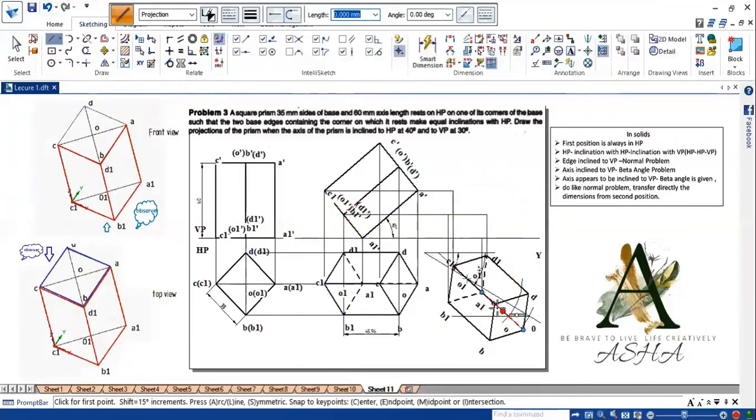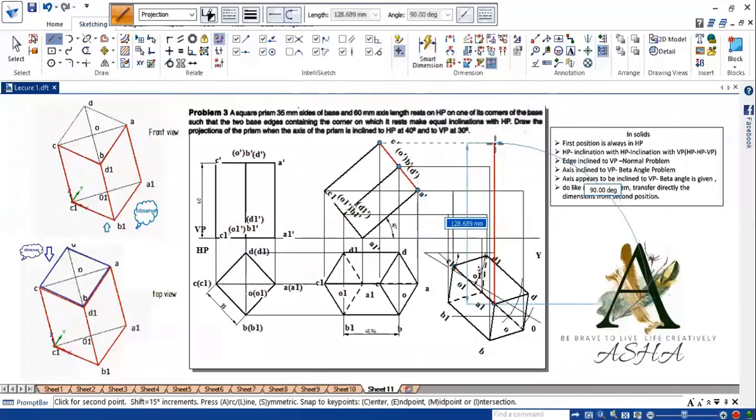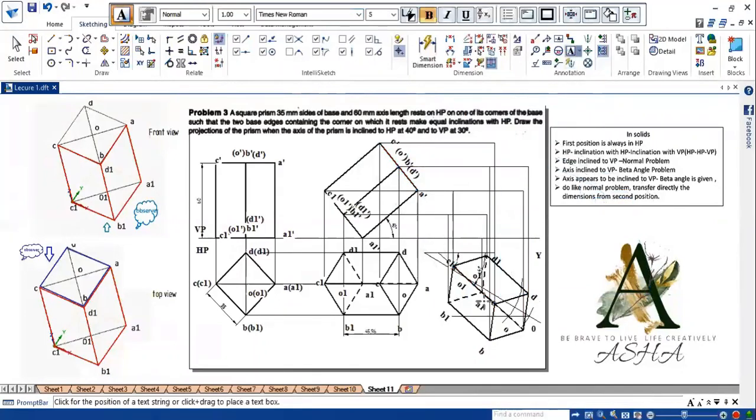Similarly, draw for A, B, C, D. So this is A. So this is A dash. So that is the point A. B, B dash. C, C dash. And D with D dash. Now name it. So this is point A1 dash.